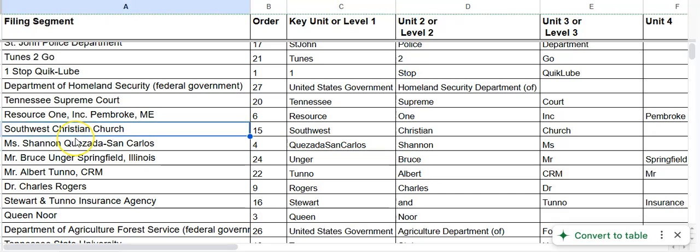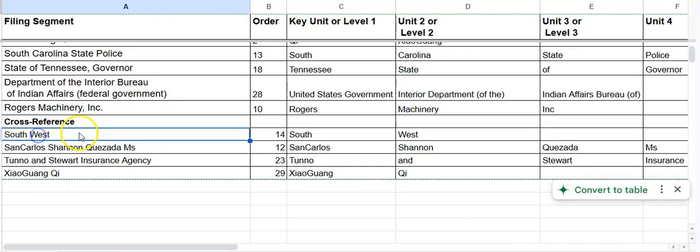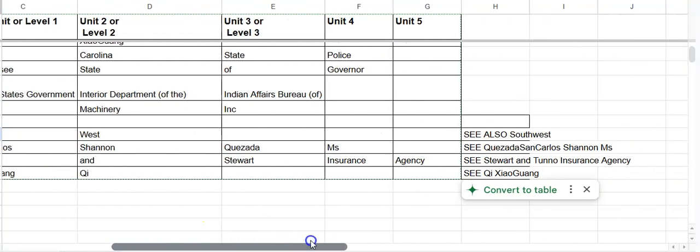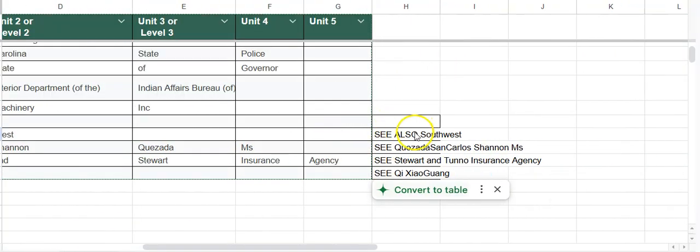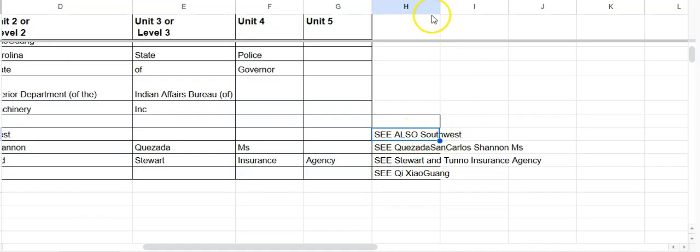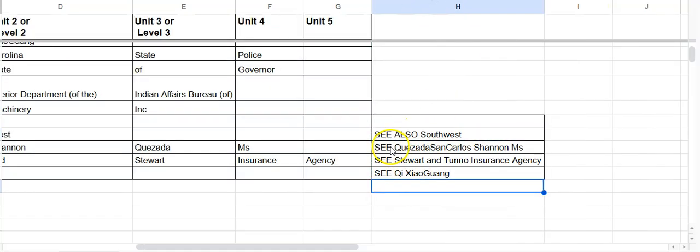If you take a look at this one here, we have Southwest Christian Church. And this brings us back to the cross-reference rule where we have a directional name in the business name. So if we have something like Southwest that's filed, we need to create a cross-reference for that similar name with South space West. And with similar names, you create a See also notation instead of just a See notation.